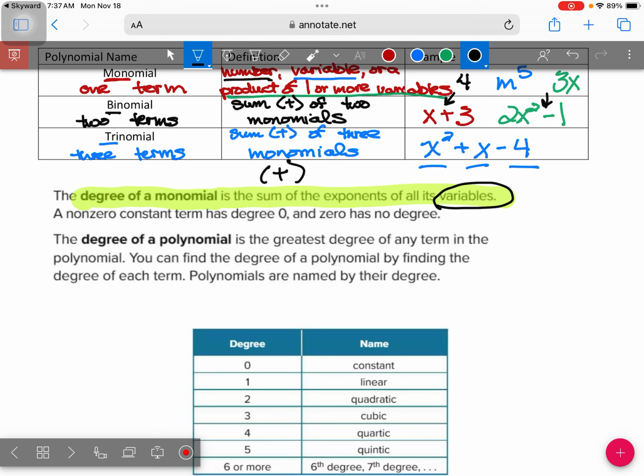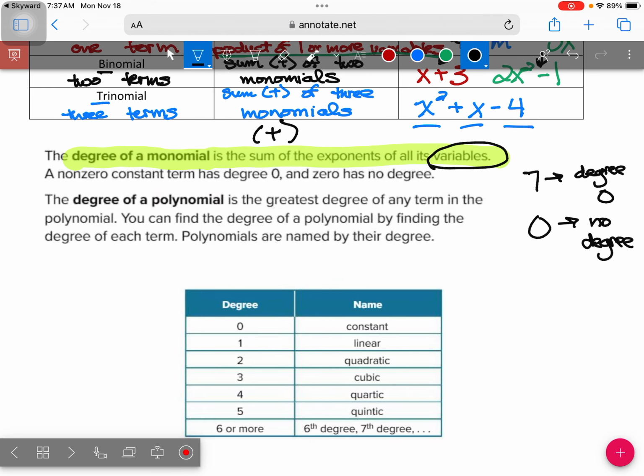A non-zero constant term. So if I had the number 7, its degree would be 0. Even though we put a 1 on it, its degree is 0. And 0 itself has no degree. Okay? So that's if you just have a monomial. You add up all the exponent numbers on the variables, and that gives you its degree.